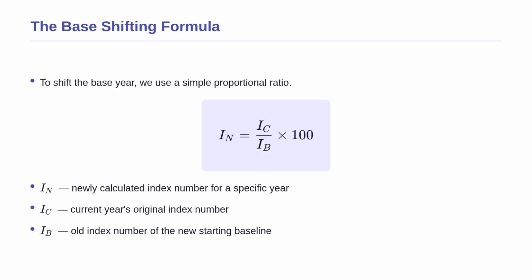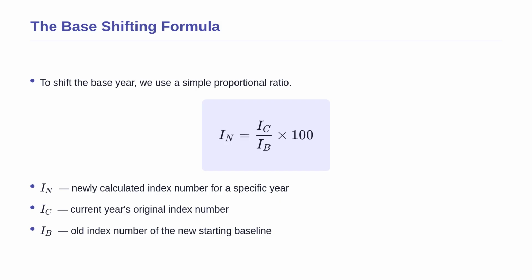Now that we understand what base shifting is, let us look at how it works mathematically. The formula comes from a simple proportional relationship. We want to scale our current data so that our chosen new base year becomes exactly 100. In this equation, IN represents the newly calculated index number for a specific year after the shift.